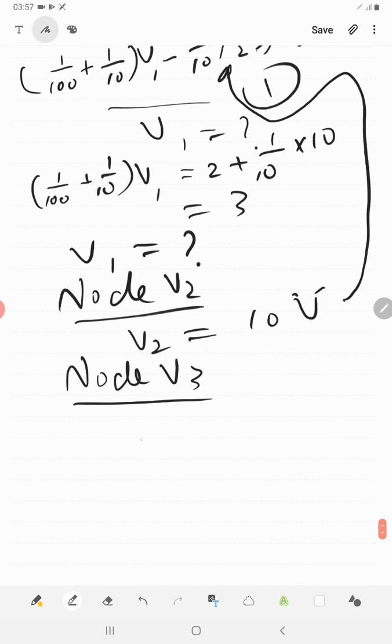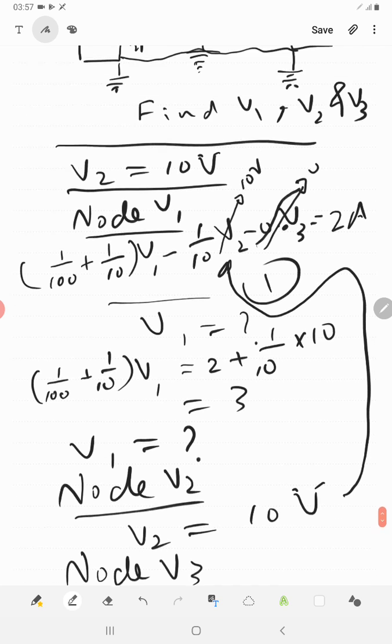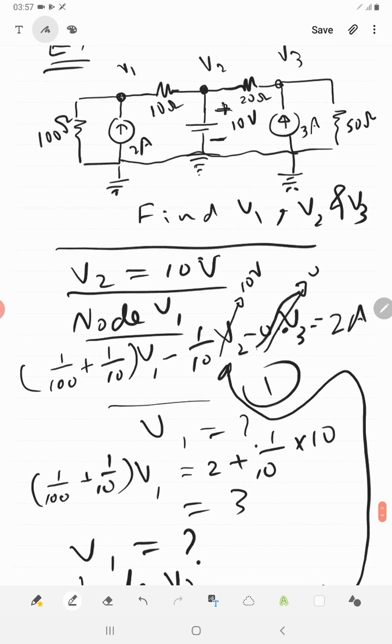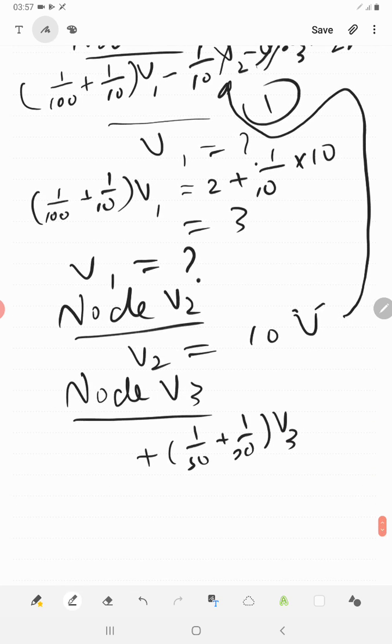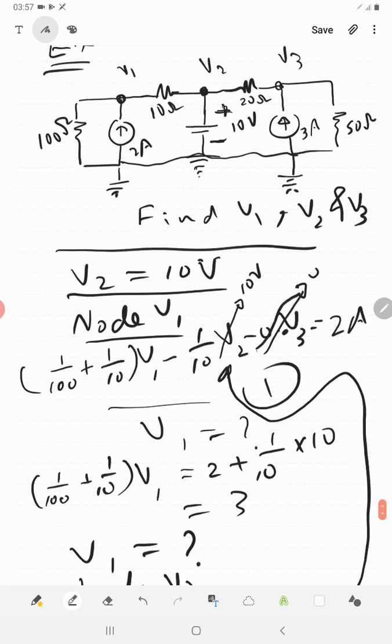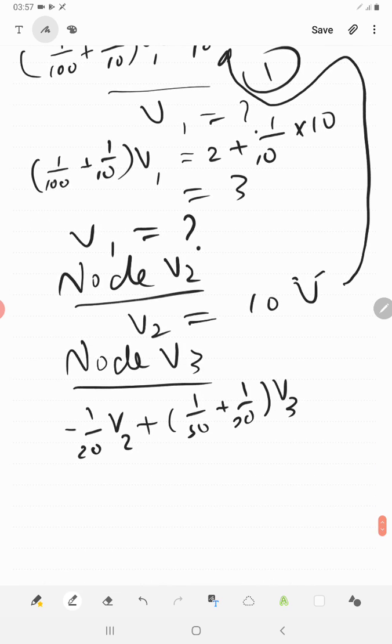So we say plus 1 over 50 plus 1 over 20 times V3. This is connected to V2 through 20, so minus 1 over 20 V2. And it's not connected to V1. There's no resistance to V1, so minus 0 times V1.